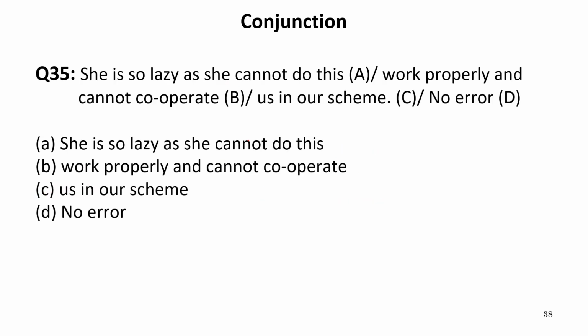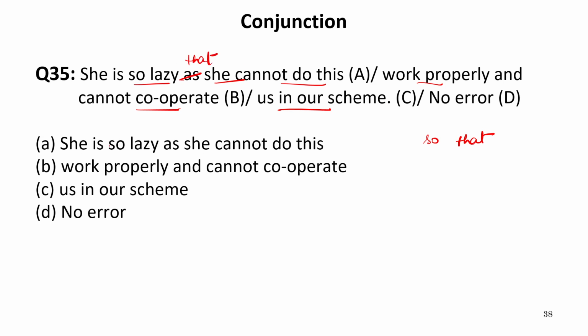Now, next one, she's so lazy as she cannot do this work properly and cannot cooperate us in our scheme. Now, in this sentence, it is written so lazy as she cannot. With so, we use that to show the impact or the result. So, she's so lazy that. Now, this as has to be replaced with that, then the sentence will be correct.